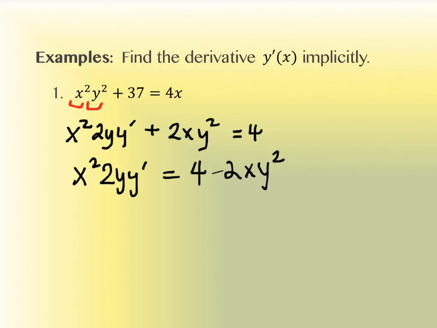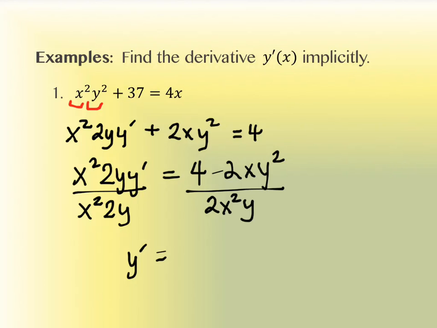Then what? Divide by the x squared 2y, and if you prefer, I'll write it with the coefficient first, 2x squared y. It's the same thing, but we usually see the 2 written at the beginning. So we actually have the y prime on the left now. I can do one little simplification step on the right.